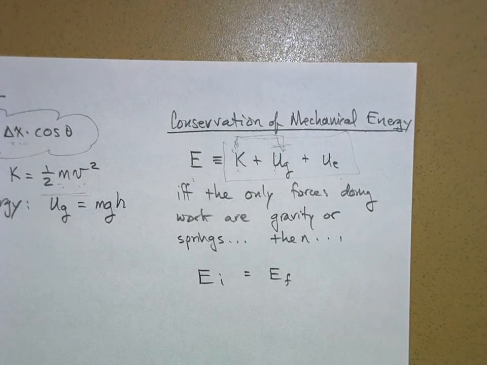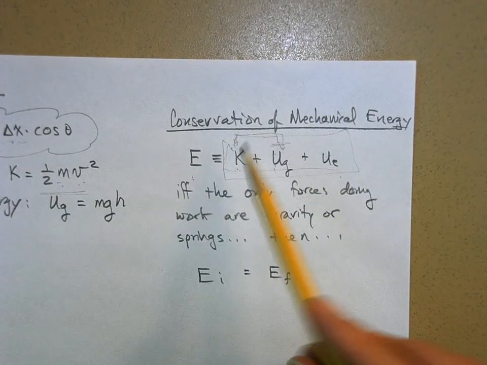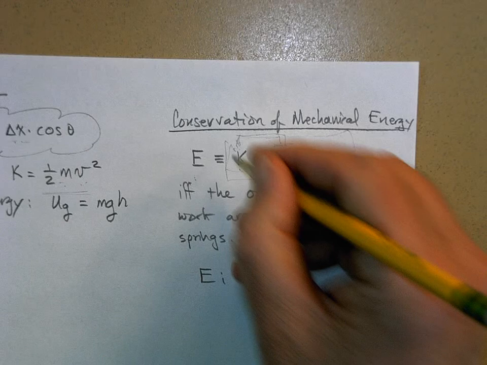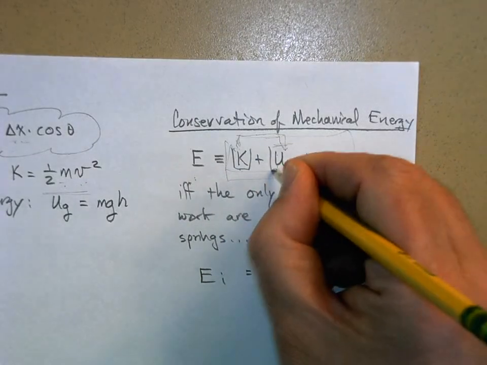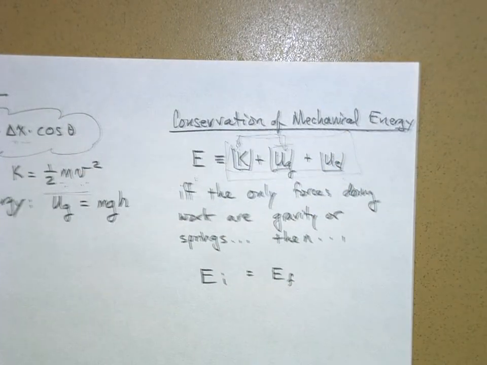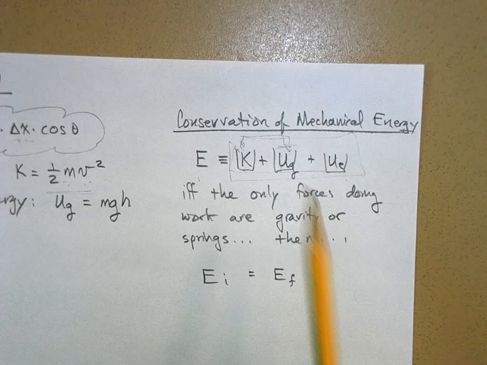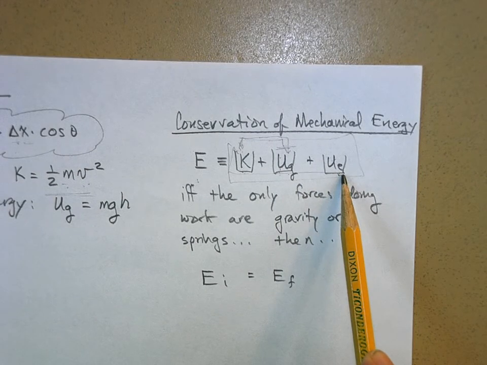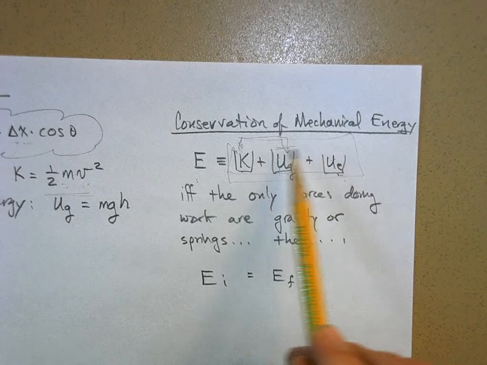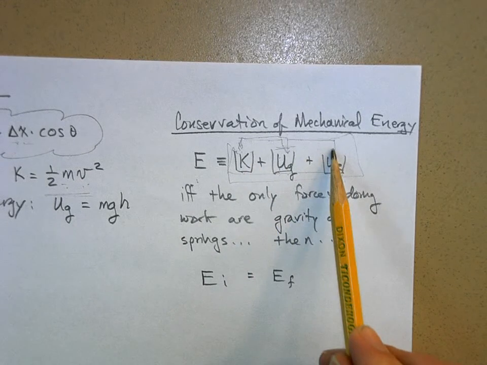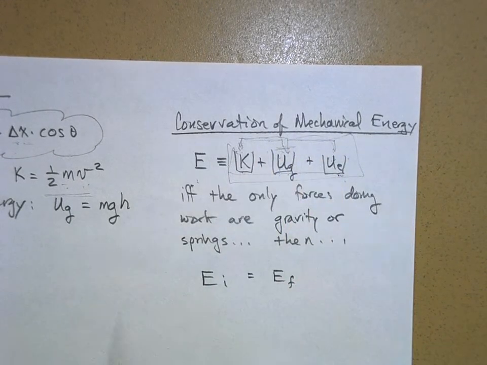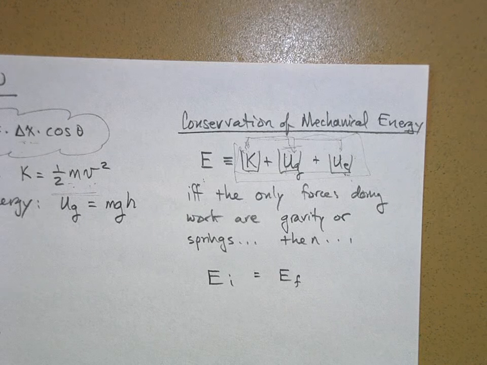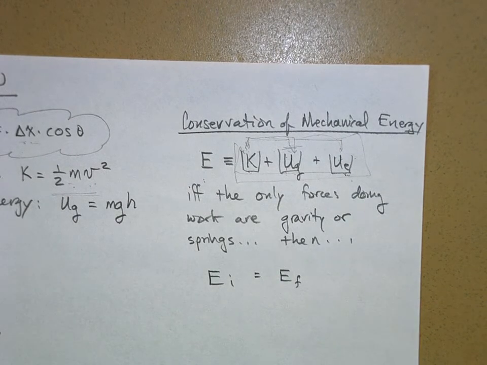Remember when I had the beakers out, you can think of these as being 3 beakers. And when either gravity or elastic material does work, we're just transferring the energy from one container into another. Okay, so you will get a conservation of energy problem.